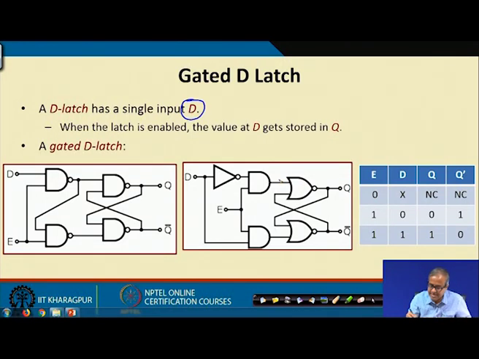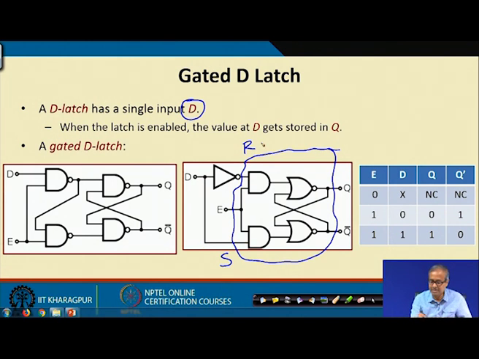You see, the second design is easier. The first part which you see here is just an SR latch, where this is your S input and this is your R input. You take an inverter, D you directly connect to S and D bar you directly connect to R, you get a D latch.